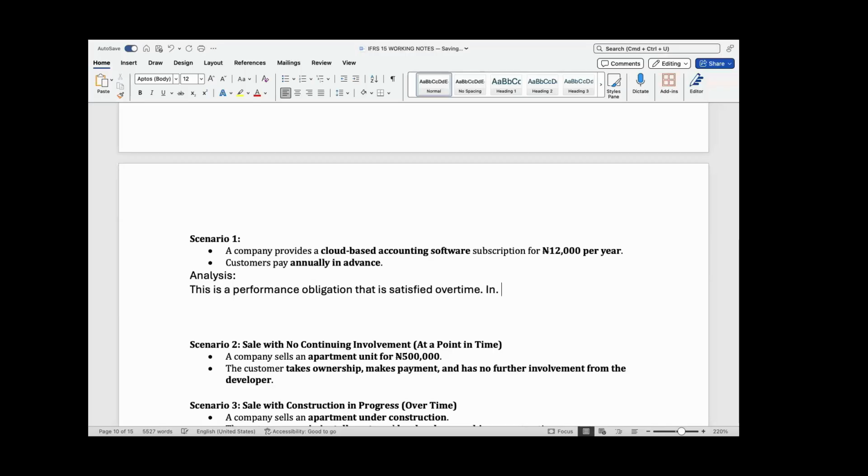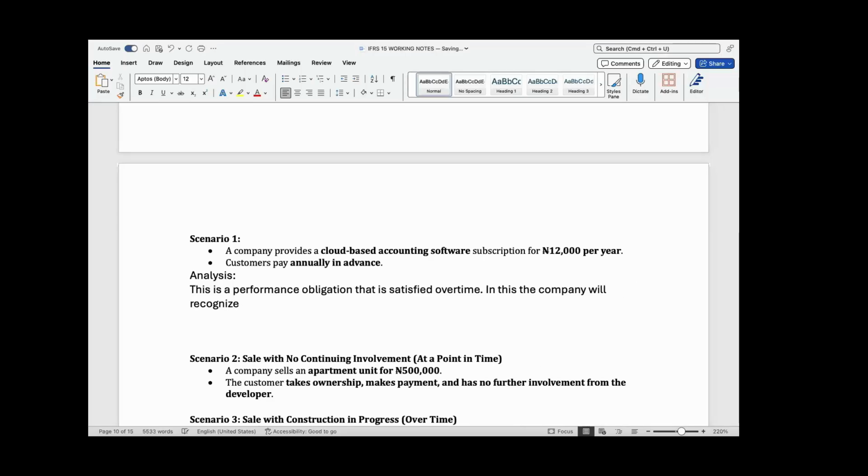In this case, the company will recognize revenue of 1,000 naira, which is 12,000 divided by 12 months.